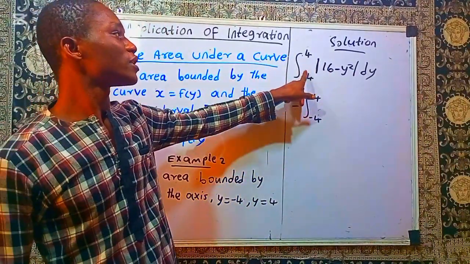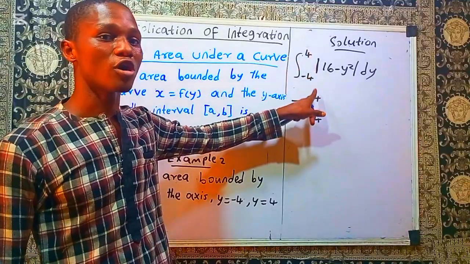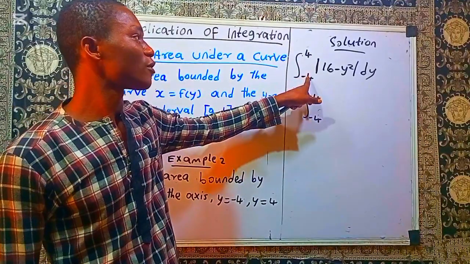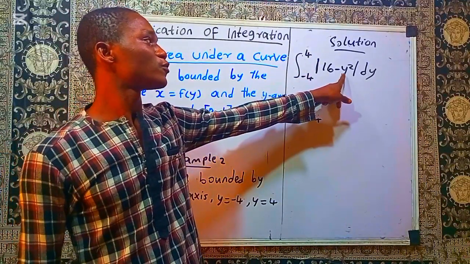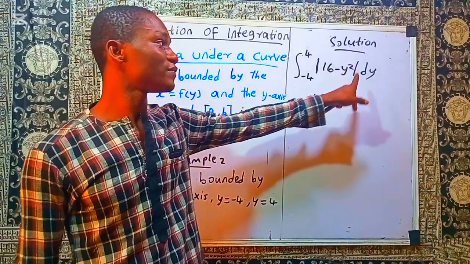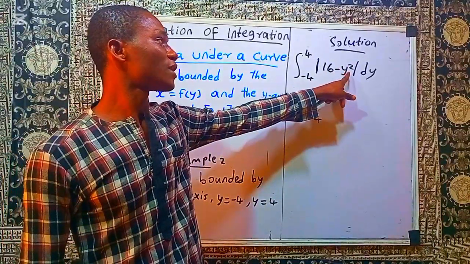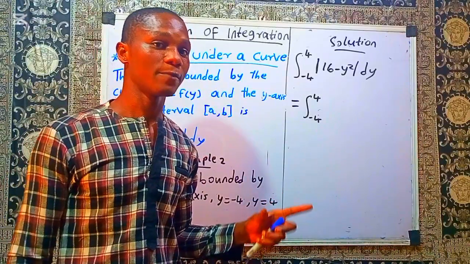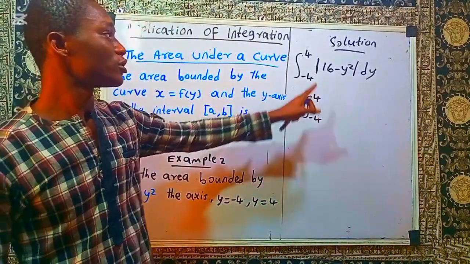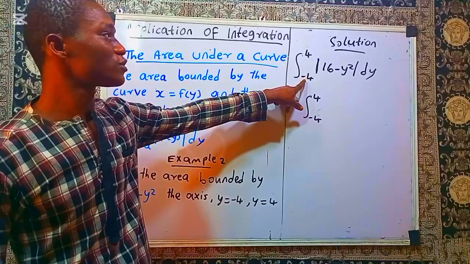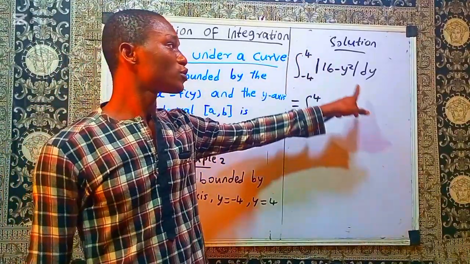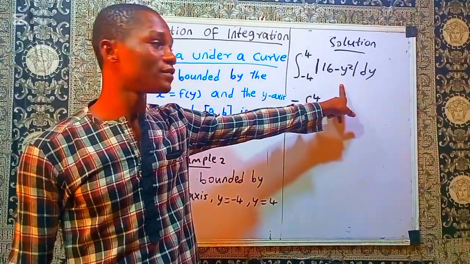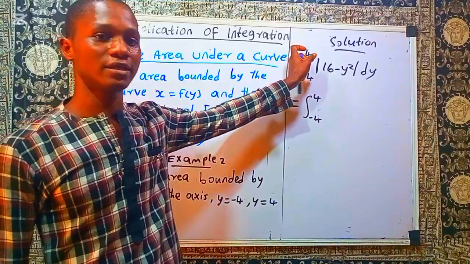Then going towards 4, all numbers from minus 4 to 4, as you square them, they will be positive. And if you subtract the result from 16, you are going to get something greater than 0. You can only get 0 if you substitute minus 4 and 4. So this function is always positive within this interval.